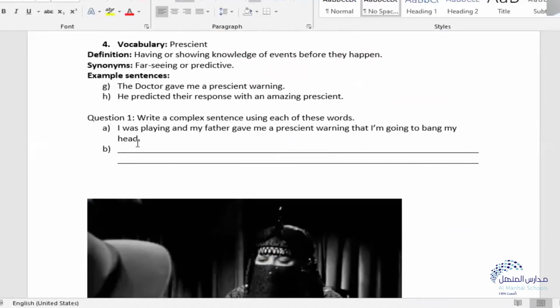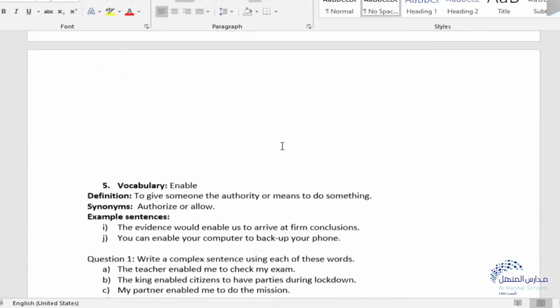Prescient, again, we only were able to get one good, clear answer to the word prescient, also used in a complex sentence: "I was playing and my father gave me a prescient warning that I'm going to bang my head." So the warning there is far-seeing and predictive, right?